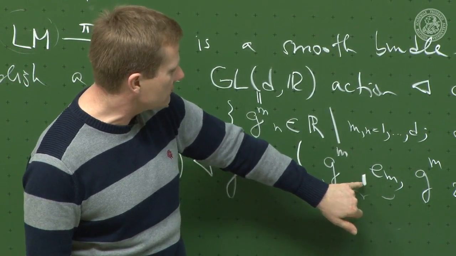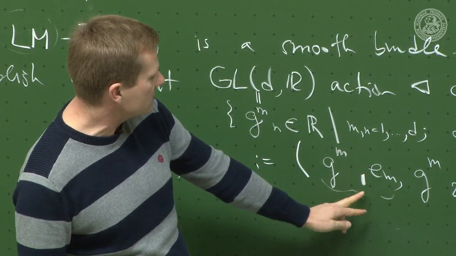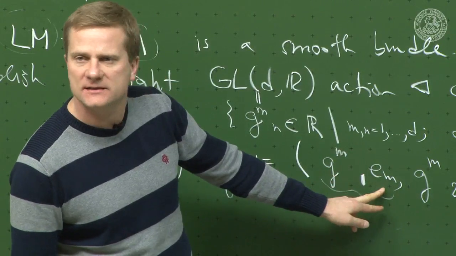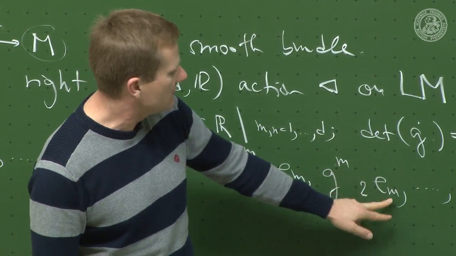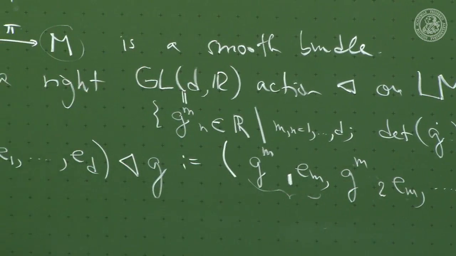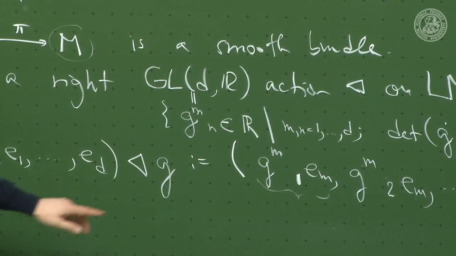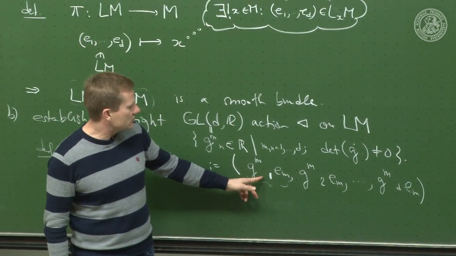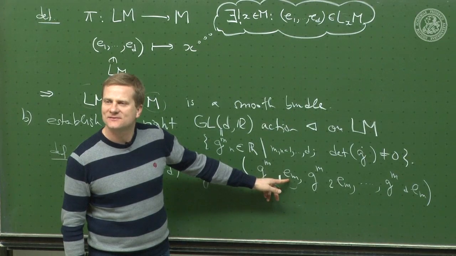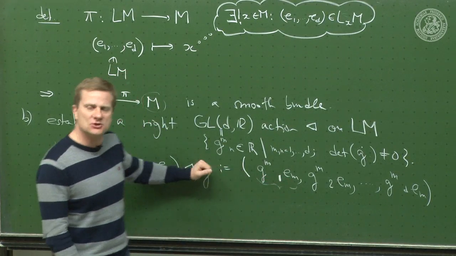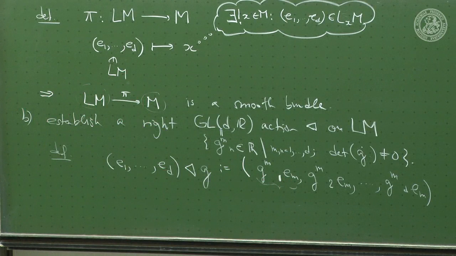So it's the first one, it's the first collection of coefficients for this linear combination. This is the second collection of coefficients for this linear combination that makes up the second one, and so on. And this is, of course, precisely how you transform from one basis to another basis. Okay? So this is what the action of the GL group is doing.